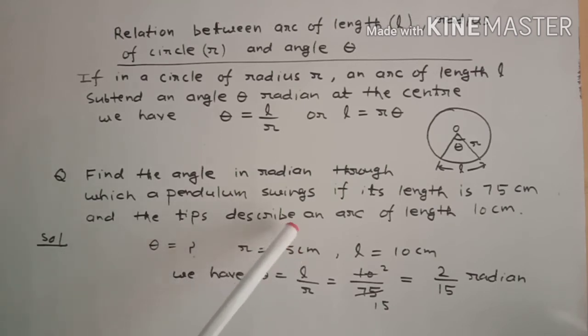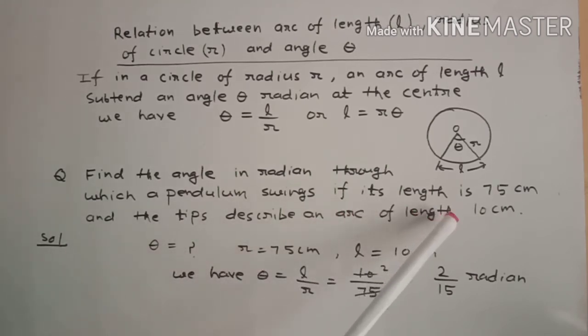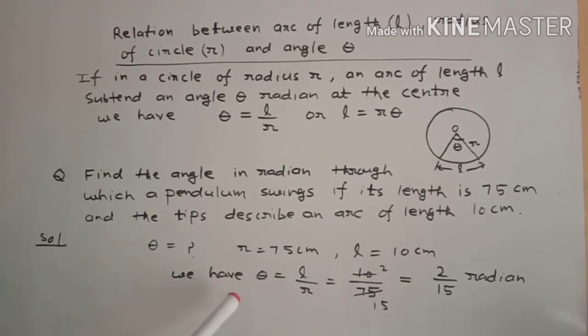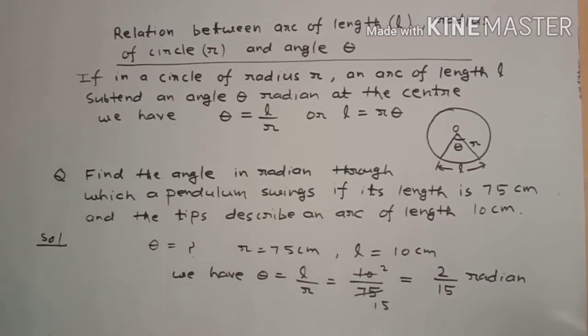And its tip describes an arc of length L, given as 10 centimeter. So note down L equal to 10 centimeter. Now write the formula theta equal to L upon r, put the values, and you get the answer 2 by 15 radian.